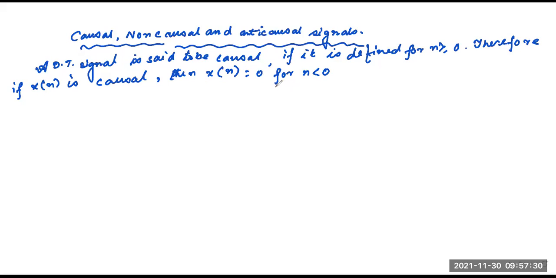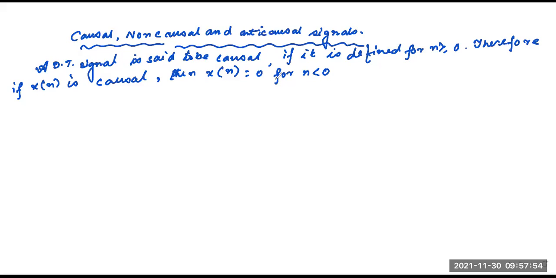A non-causal signal can be converted to a causal signal by multiplying the non-causal signal by a unit step signal. When a non-causal discrete time signal is defined only for n less than or equal to 0, it is called an anti-causal signal. So understand causal, non-causal and anti-causal.